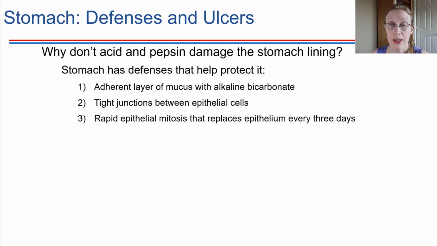That's very important. And then the other thing that takes place is that the epithelial cells get replaced approximately every 3 days. So these cells undergo high rates of division. Mitosis is happening frequently, and so that helps to replace any cells that might be starting to be damaged due to exposure to acid and pepsin.